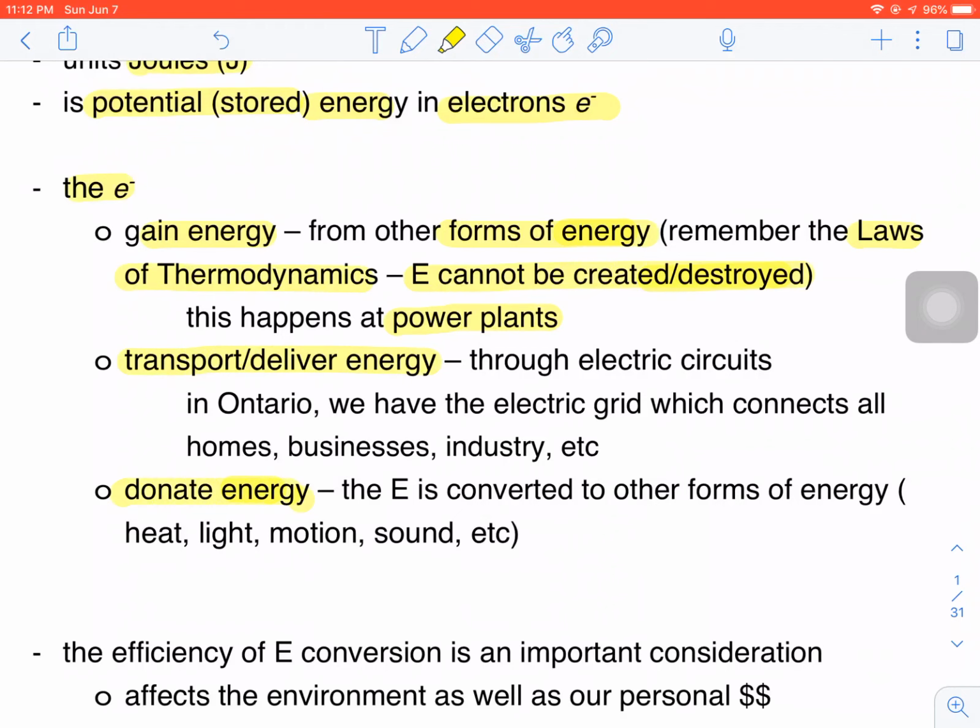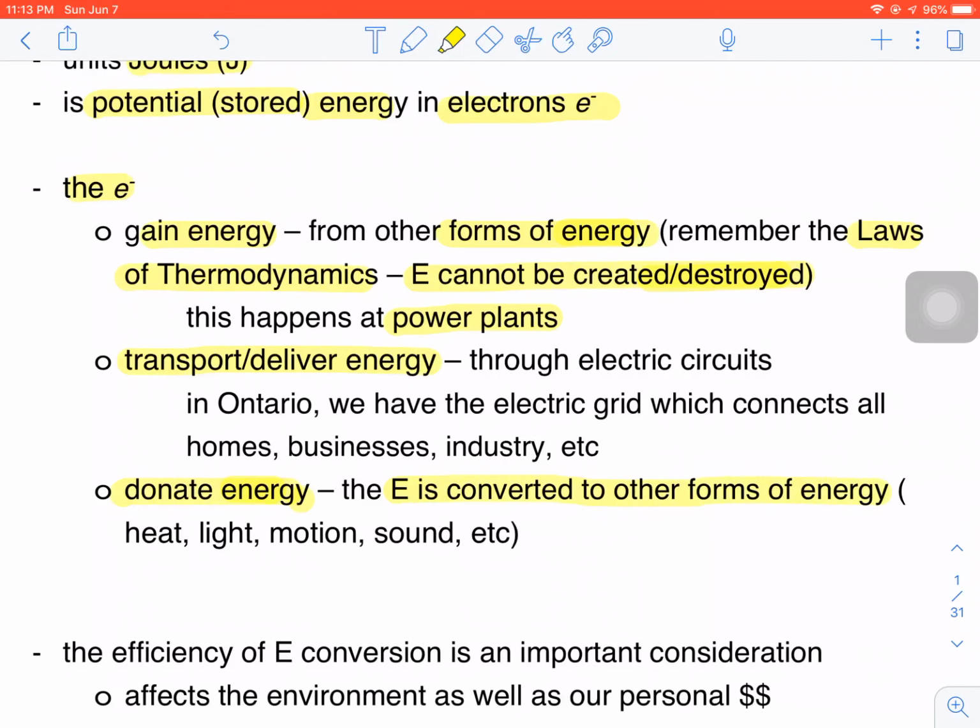Right? They're going to give their energy to some other device that we call a load. And that load will take the energy from the electrons and convert it into another form of energy that can be used to do something.